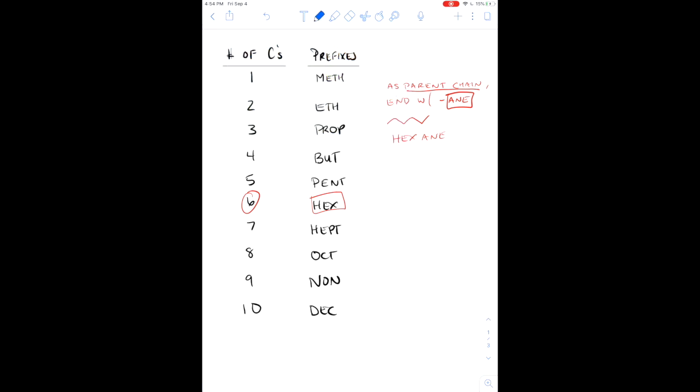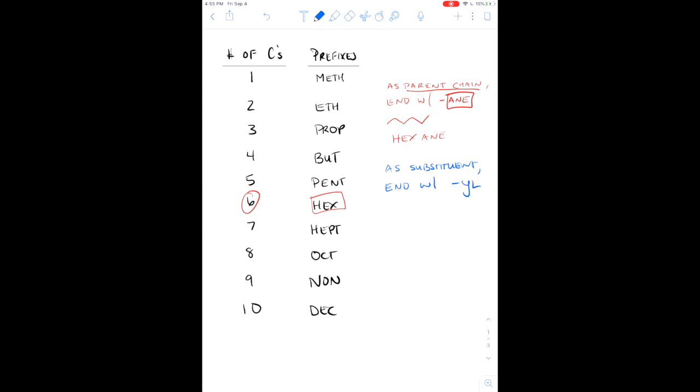If it is a substituent, meaning coming off of that straight chain alkane, like a branched hydrocarbon, then we have a different scenario. As a substituent, you end with yl.